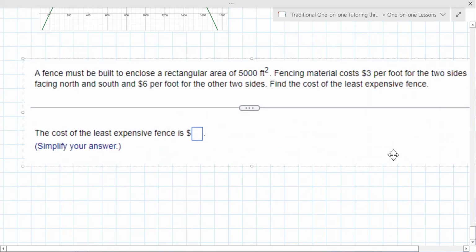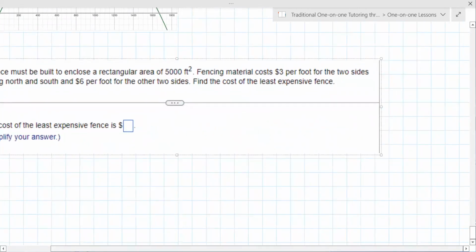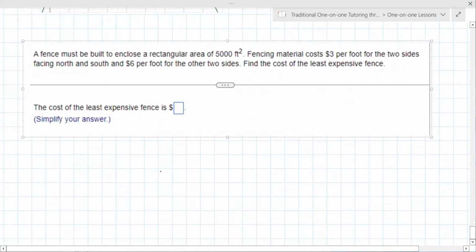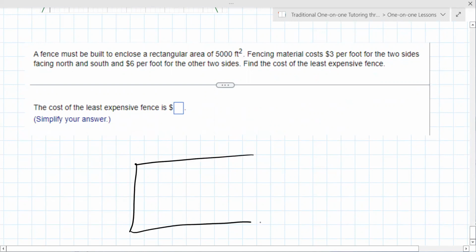All right, so a fence must be built to enclose a rectangular area of this square footage. So you've got something like this. It's good to label x and y as reasonable there. Now they're telling you that the total area is 5,000. And they're saying $3 per foot for the two sides facing north and south, and $6 on the other sides.